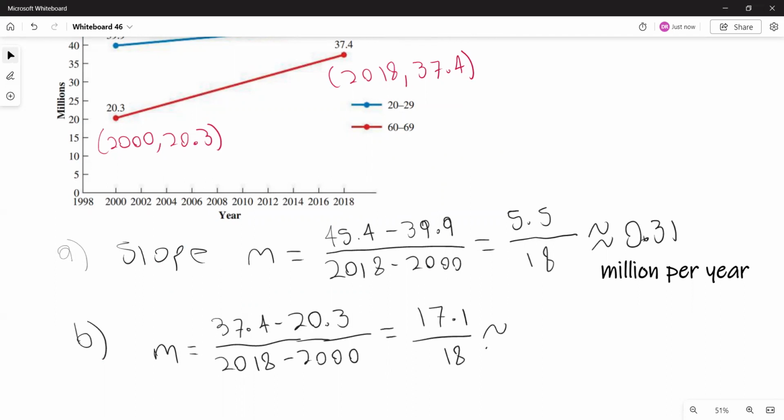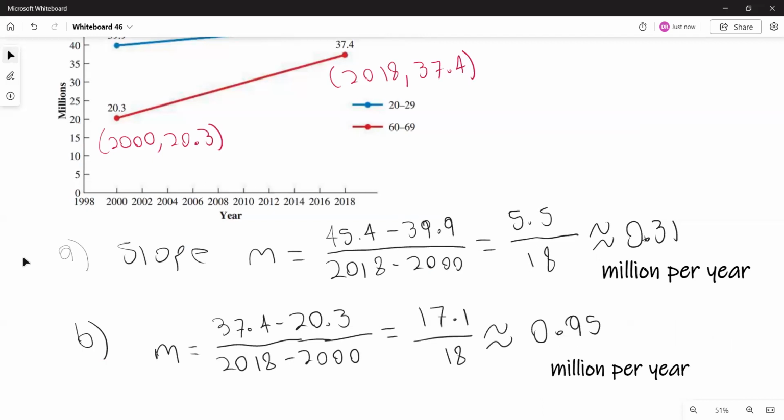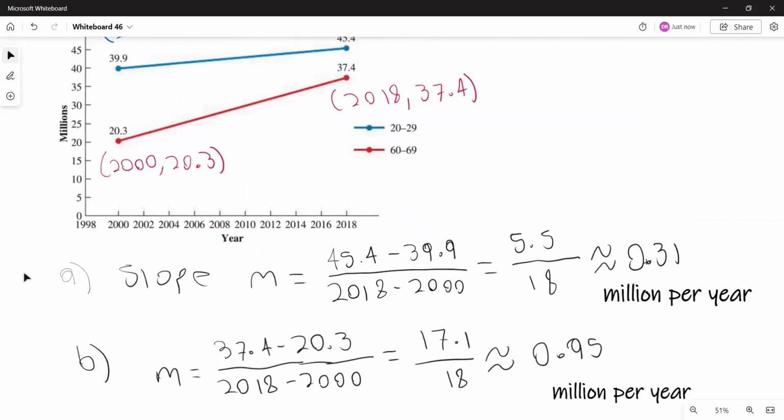Over 18, this is approximately 0.95 million per year. So on average, the number of people in their 60s increased by 0.95 million per year.